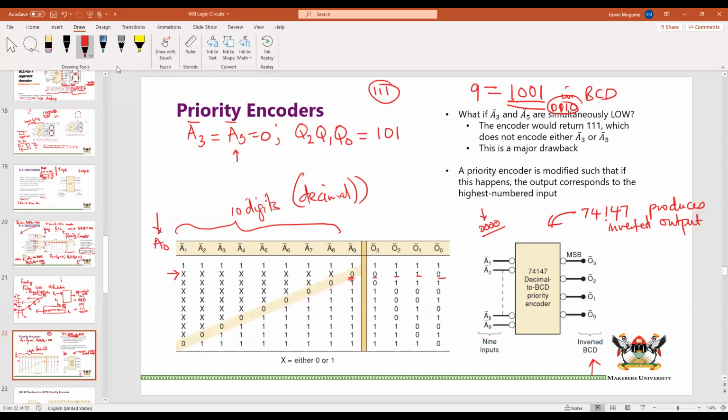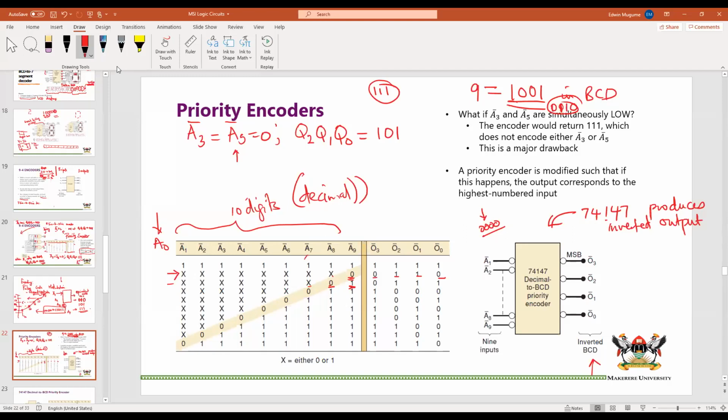In the case of A8, everything from A7 to A1, we don't care, because even if they were low, A8 would take precedence. However, A9 now needs to be 1, because if A9 becomes 0, then even A8 is kicked out. So that's why A9 here is a 1.